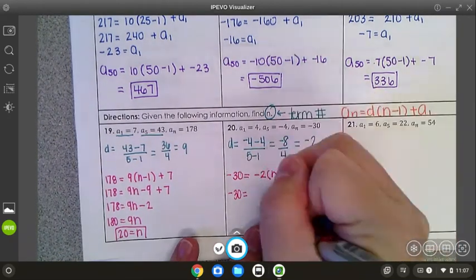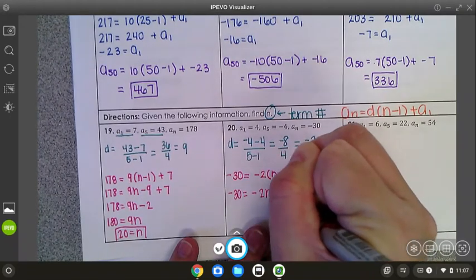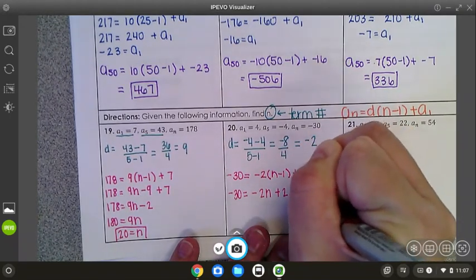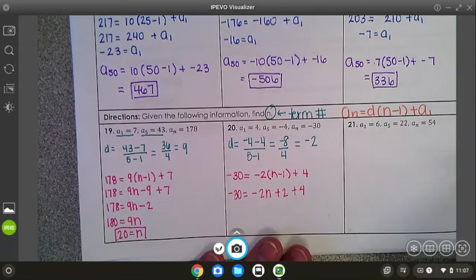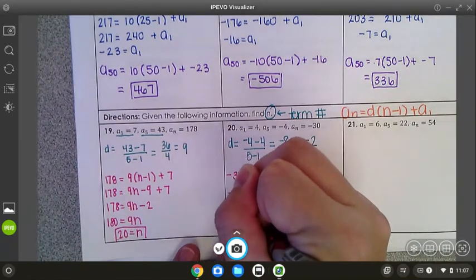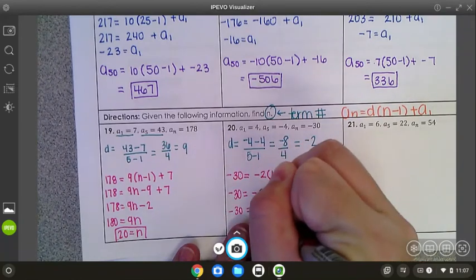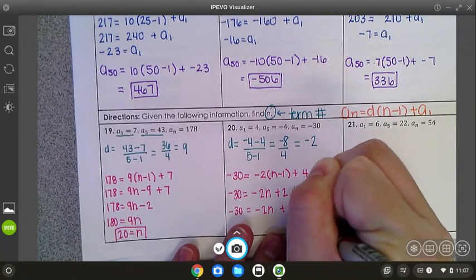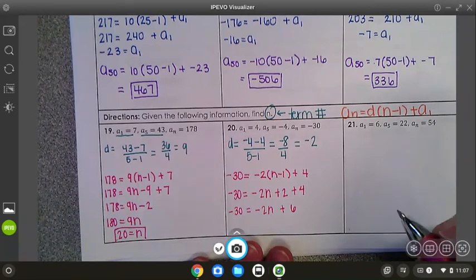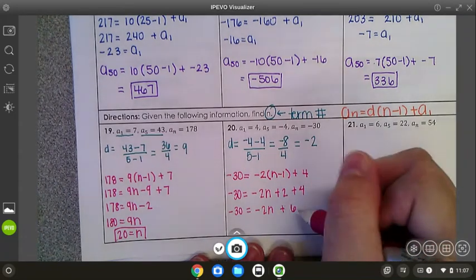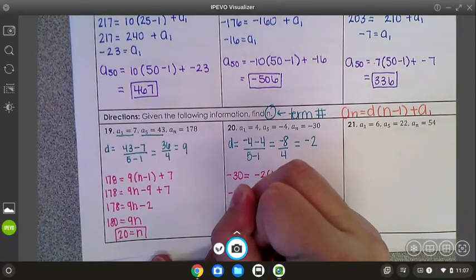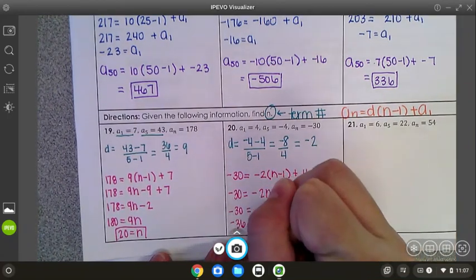So let's distribute. And then we combine like terms. Then if we subtract 6, we get -36 equals -2n.